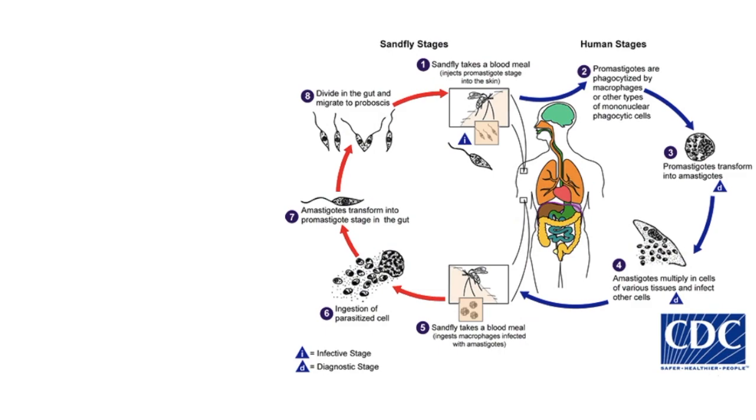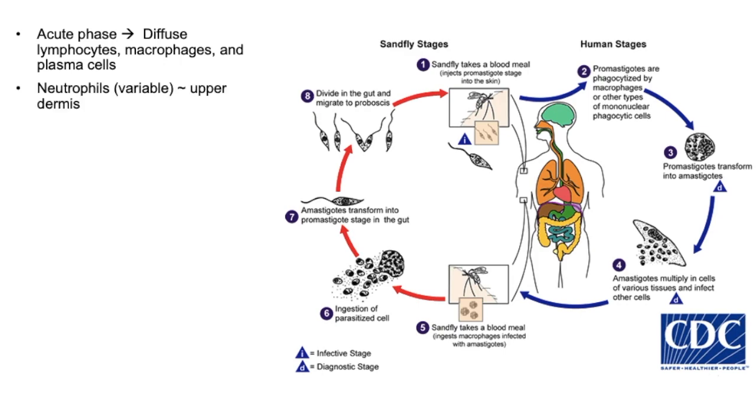Leishmania has two life cycles, one inside the human and one inside the fly. In the acute phase, we see diffuse lymphocytes, macrophages, and plasma cells. Neutrophils are variable; sometimes we see them in the upper dermis. The organism, Leishmania, is different from histoplasmosis because of the capsule.